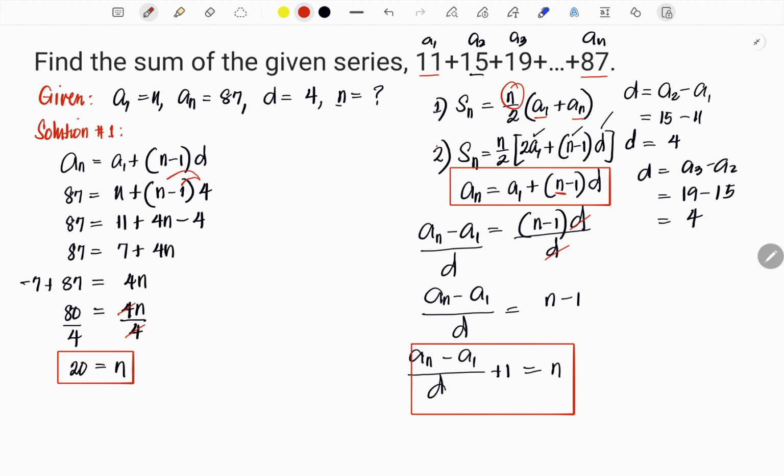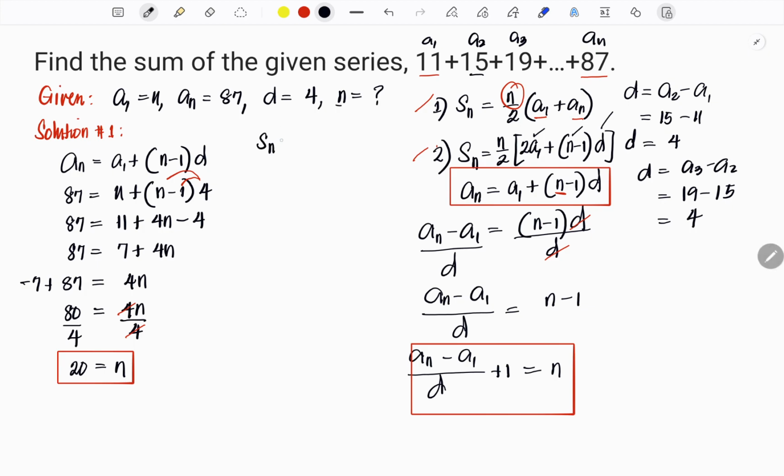And we can solve now for the sum of the given series from 11 to 87. So we can use the first formula here or this one. But for this problem, I think the best formula to use is number 1. So we don't need to complicate things. So let's solve the sum of the first 20 terms in the given series.